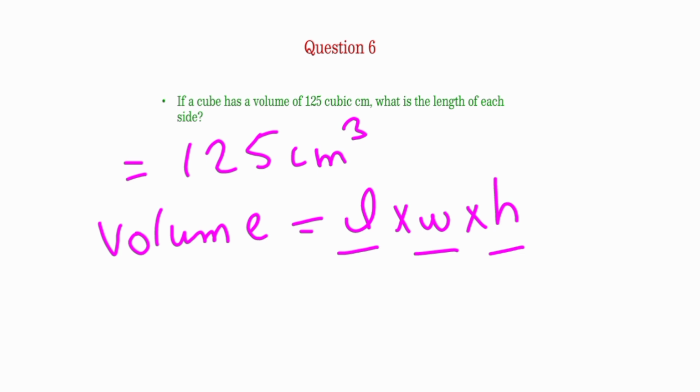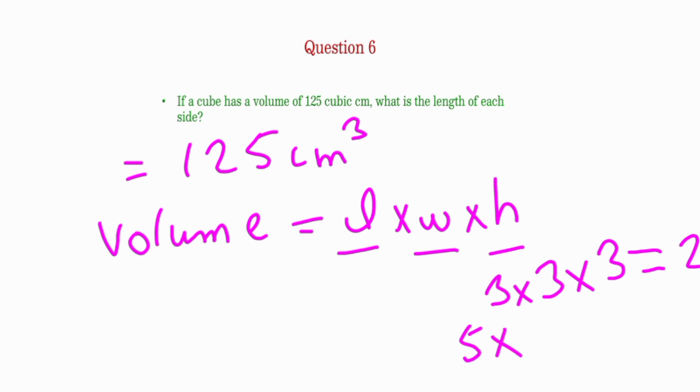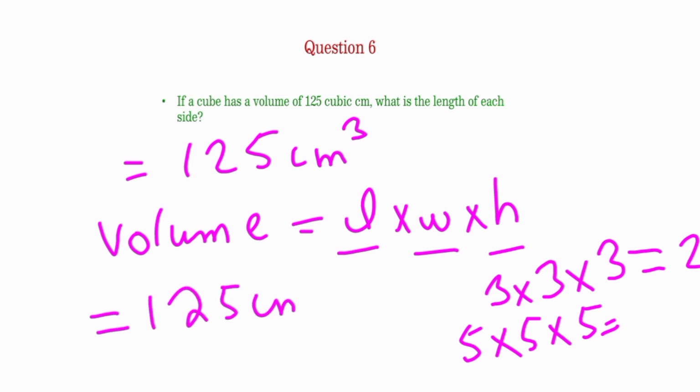Okay, we just need to find a number which, if we multiply it with itself, gives 125. For example, if I multiply 3 times 3 times 3, it is 27. So I have to find a number that, if we multiply, we should get 125. Similarly, if I try 5 times 5 times 5, yes, it gives us 125 cubic centimeters.